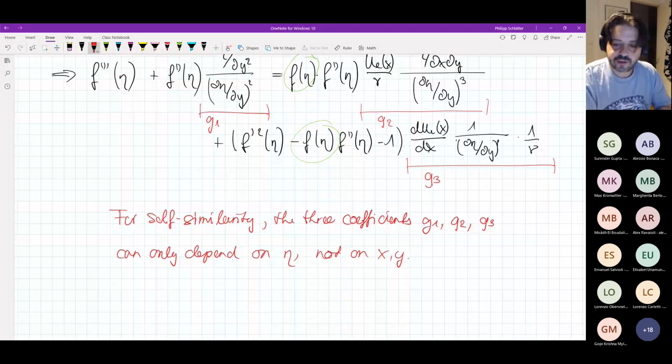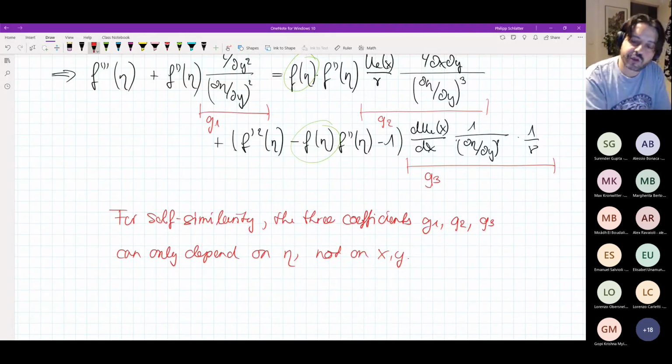Because it's only then that my solution is actually self-similar. And if you're unsure about that, go back to the example with Stokes' first problem, where we realized that our transformed diffusion equation was exactly of that form.